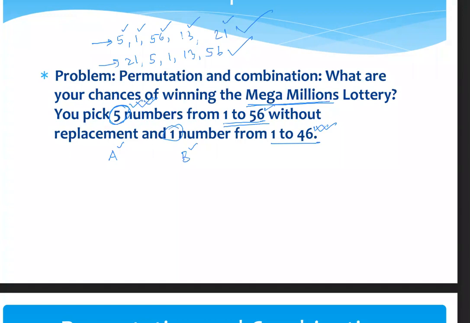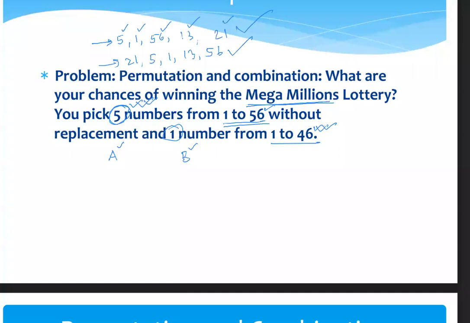Both of them selected the same numbers. Have you ever heard in the lottery, they say, hey, you selected 5, 7, and 9, so you win, but the other person doesn't win because he or she selected 9, 7, and 5 in the other order? Do you ever hear that?